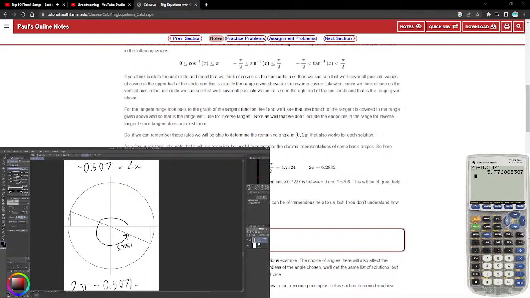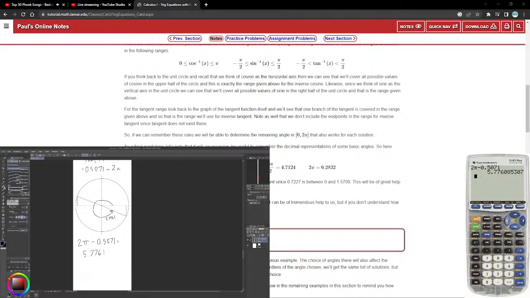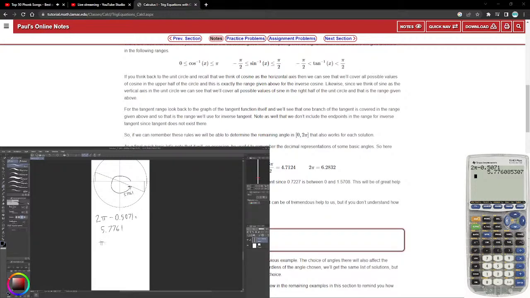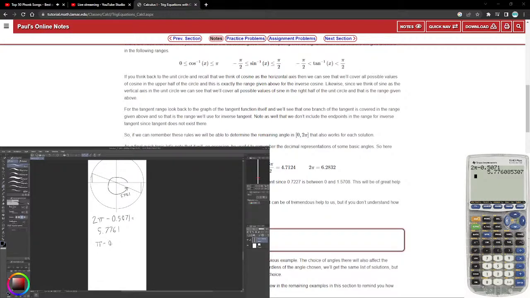So to find this one, we just take pi minus 0.5071. Pi minus 0.5071. And it did that thing again, nice. Pi minus 0.5071. 2.6345.